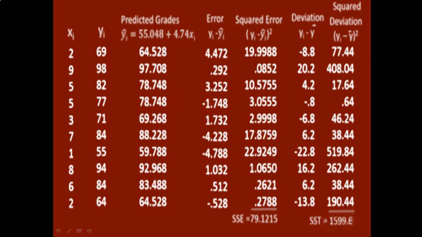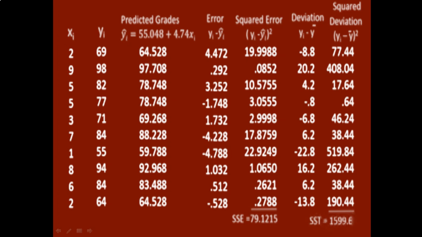It is the difference between yi and its mean, which is y bar. And we find y bar in the first step. We find x bar and y bar, but here we will use y bar. Finally, we find the square deviation. We square this deviation.